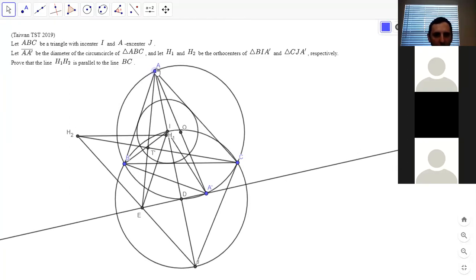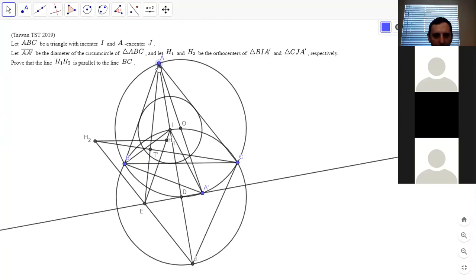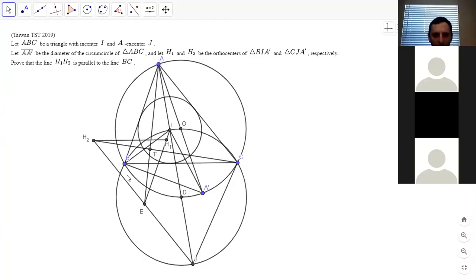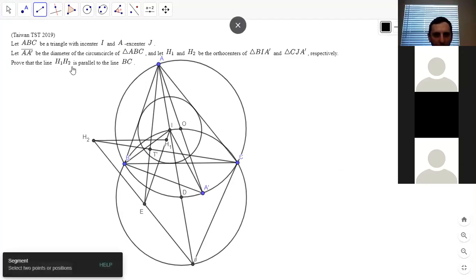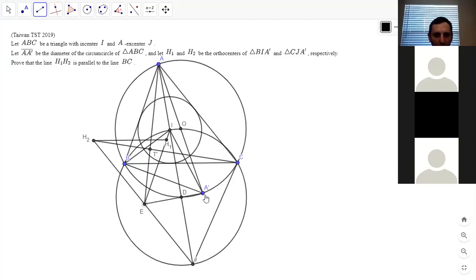Yeah, it looks like they're collinear. I did not realize that. So I'm just going to make it a segment. Is that obvious?